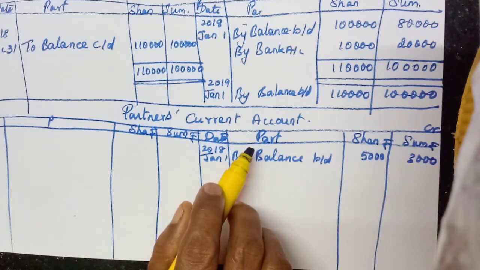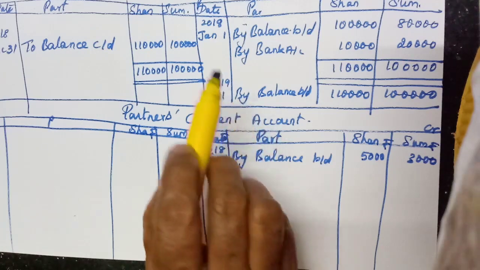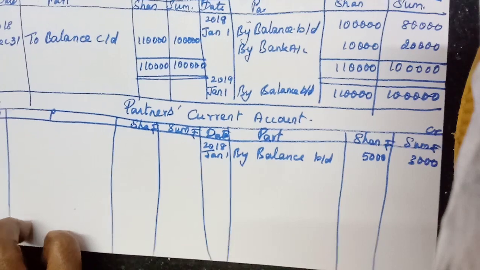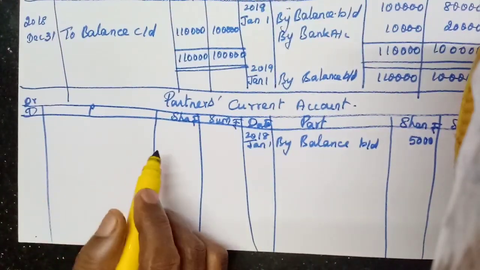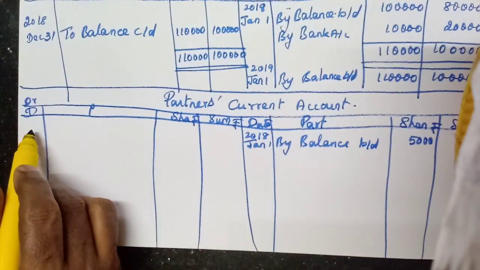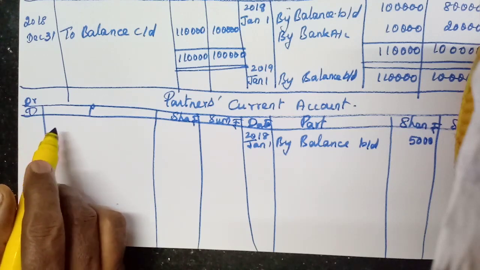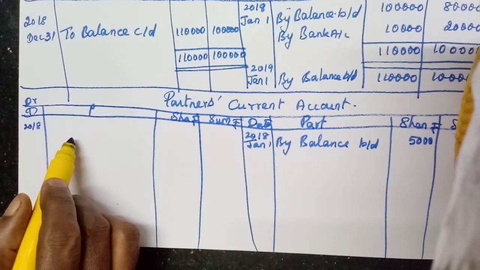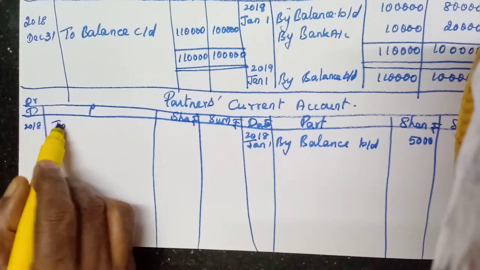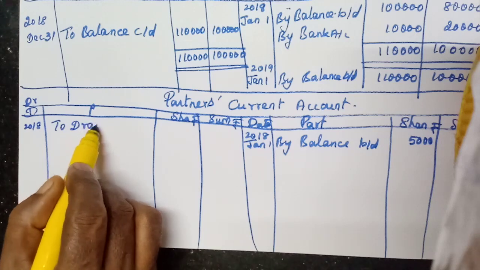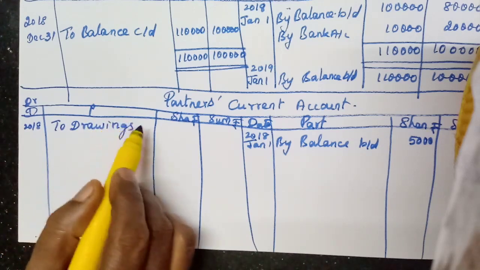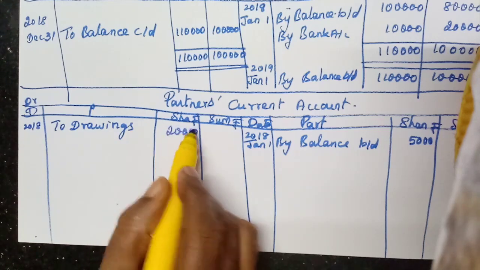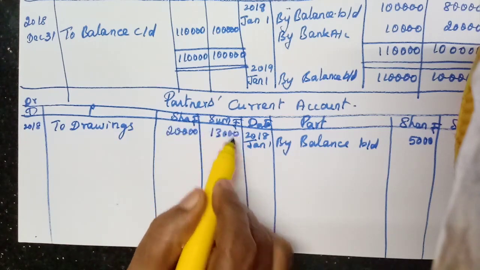Then additional capital we have written in the capital account. Then drawings. Drawings should be written on the debit side because they reduce the capital. No date is given, so no need to write; simply you can write 2018. Drawings: 20,000, 13,000.